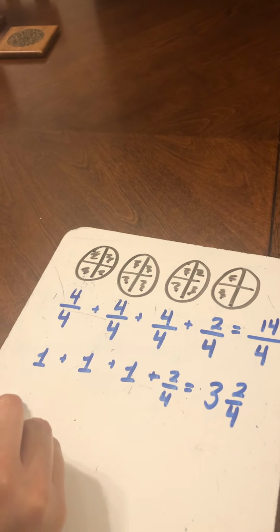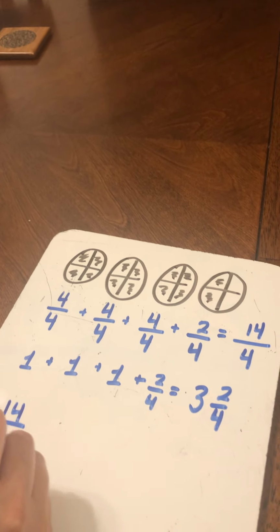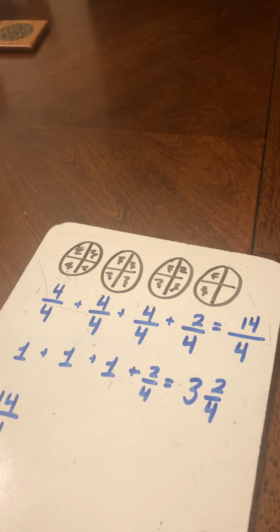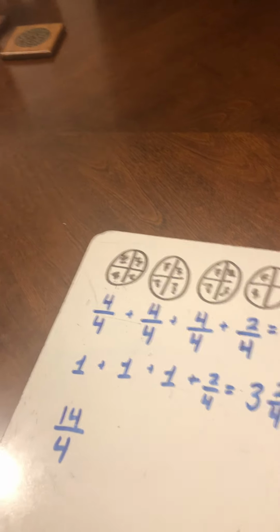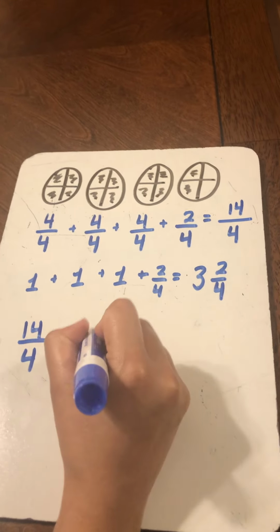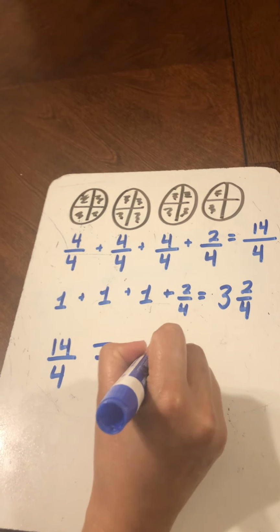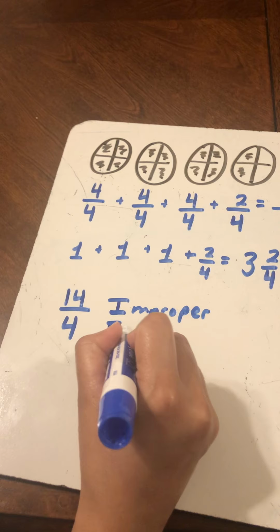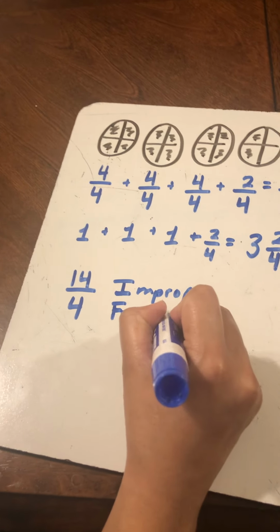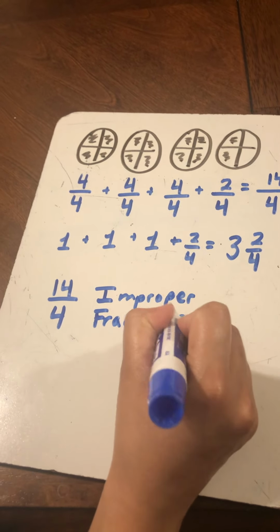So when we have the fraction represented like this, we see that the numerator is bigger than the denominator. This is called an improper fraction. Now, some teachers will tell you that they don't like their answers written as improper fractions, but I don't mind them.